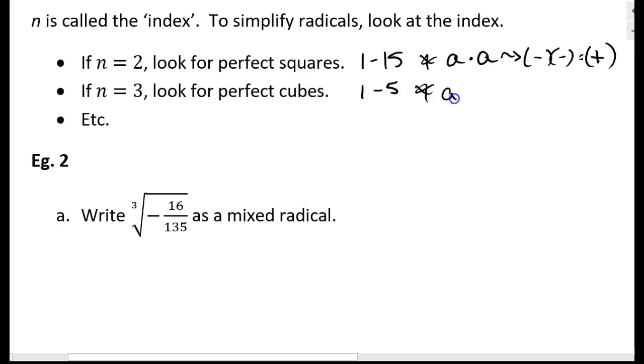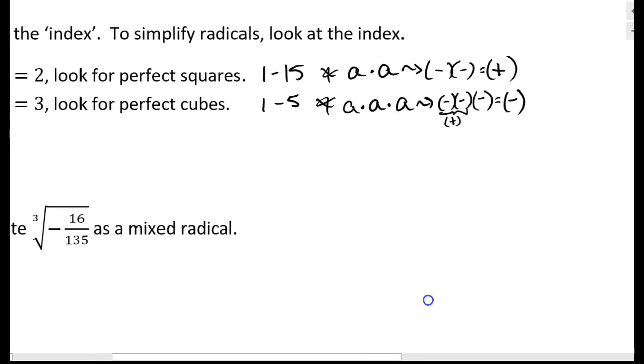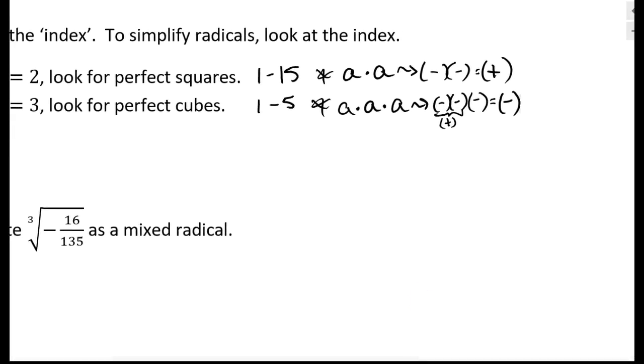For cubes, we've got a number times itself again, which means we've got 3 negatives multiplying together. A negative times a negative is a positive, but a positive times a negative is a negative, which means we are now allowed to have negatives in some of our perfect values. In general, we say that even roots can't be negative, and odd ones can be.